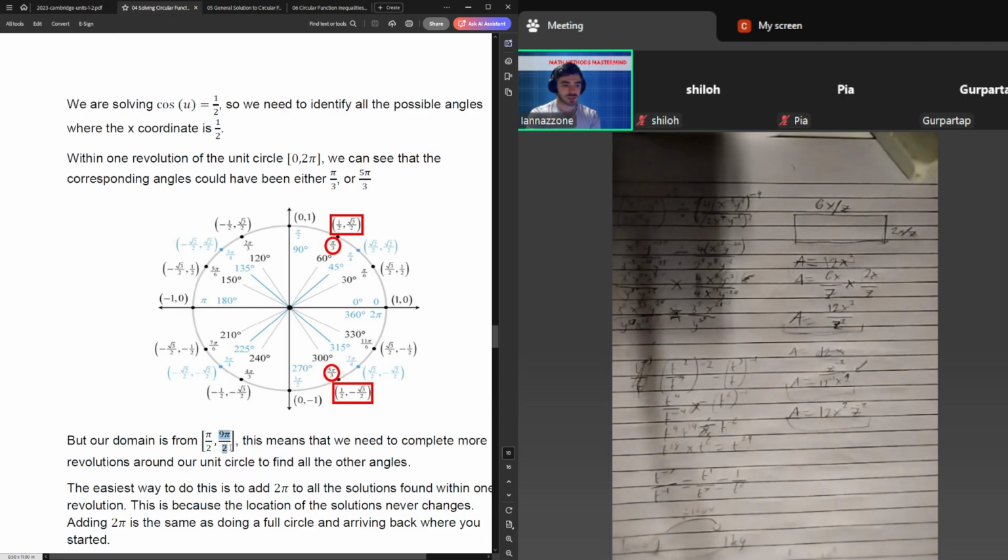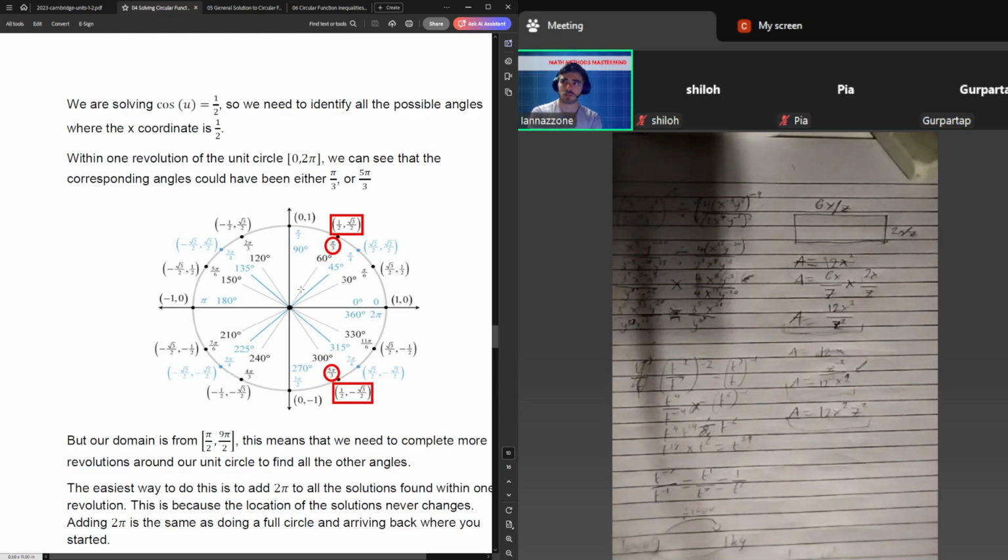We actually go all the way up until 9 pi on 2, which if you convert that to a whole and a decimal, we're thinking about roughly 4.5 pi. So if 2 pi is one revolution, 4 pi is a second revolution, and then 0.5 is another half on top of that.